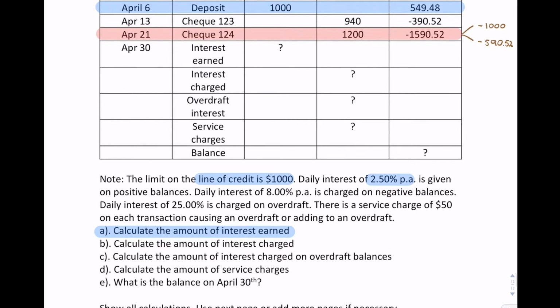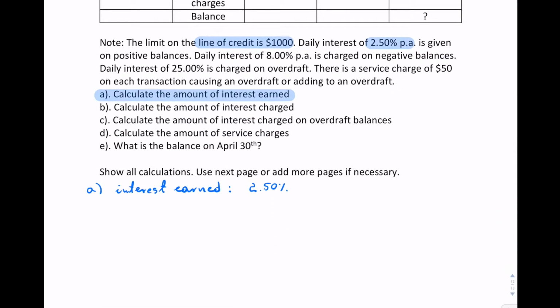April 13th was already a different amount. So April 6th was day number 1 where we were earning interest. By the end of the day, we would have earned 2.5% for that one day. Now, this goes all the way until April the 12th.